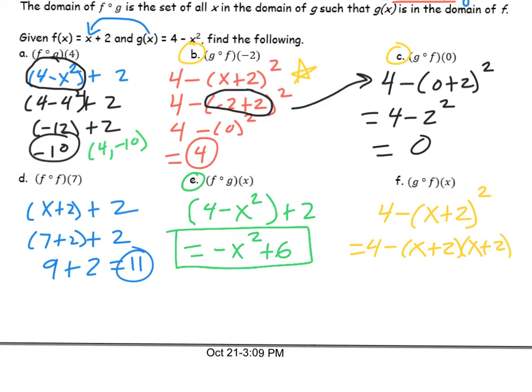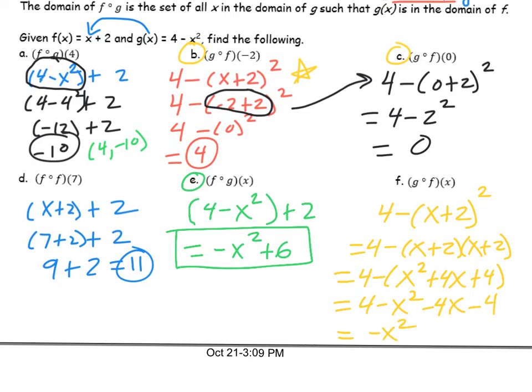Largely because I should expand the second part, the x plus 2 squared, which will become x squared plus 4x plus 4. Distribute that negative sign, so all the signs change here. They were all positive. They then become all negative.